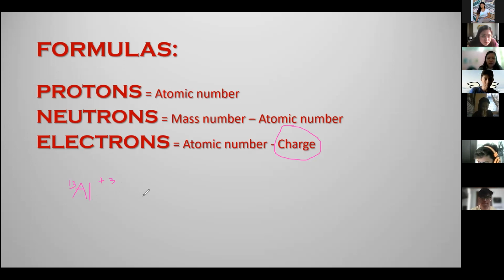Or if we have an anion like the phosphide, there are going to be 3 more electrons than protons. So take note, a cation is a positively charged atom, while an anion is negatively charged. Correct me if I'm wrong. Next, we will proceed now.